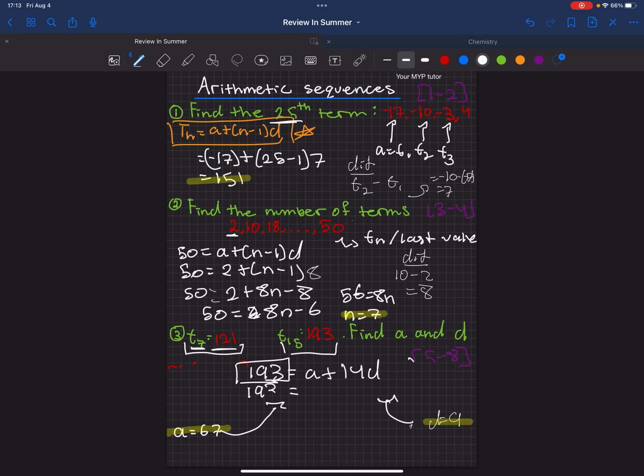So 193 equals 67 plus 14 times 9. 14 times 9 is equal to 126. 126 plus 67 is 193. Therefore, left side equals right side, and you got the right answer.